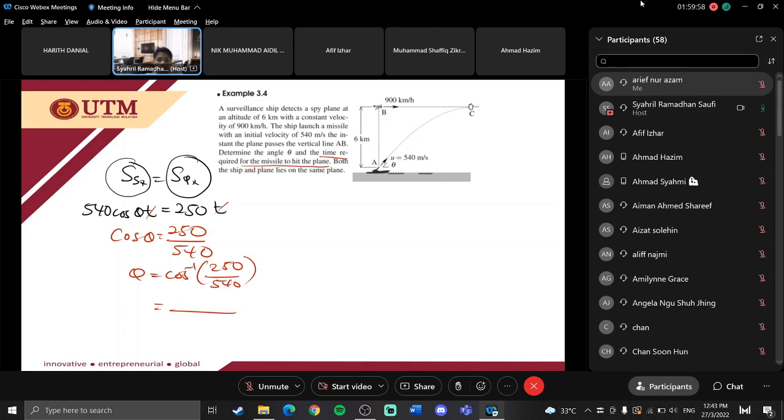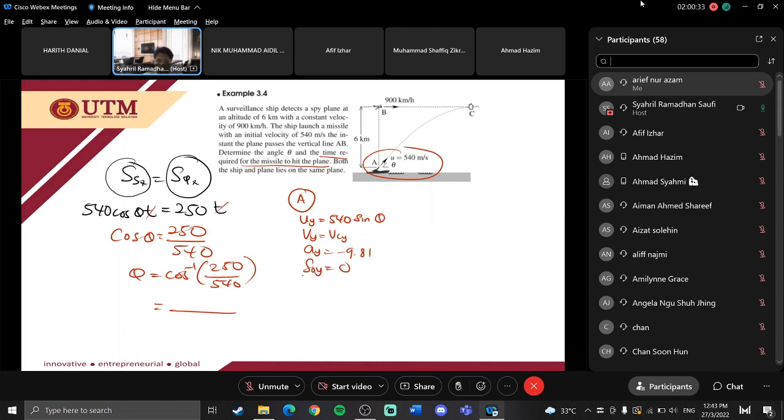So here you have Uy equal to 540 sine theta, and Vy is unknown, and Ay is equal to negative 9.81. And S naught y is 0.